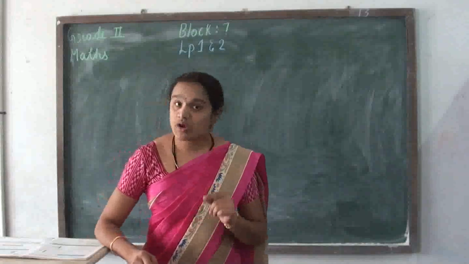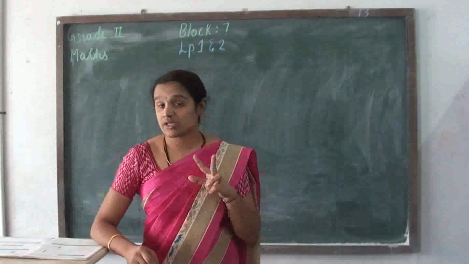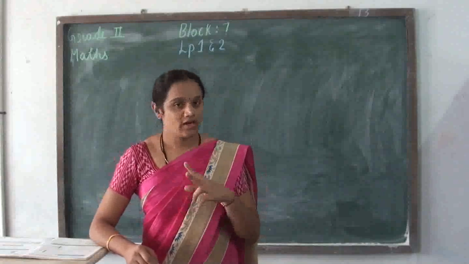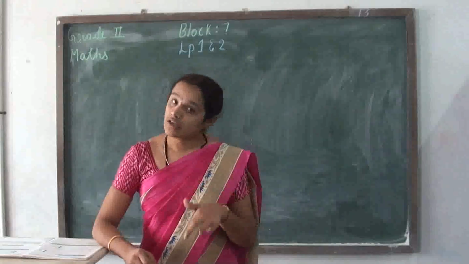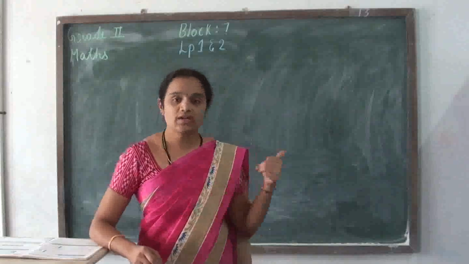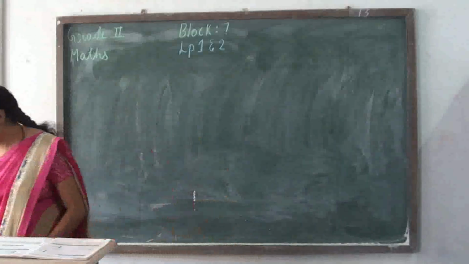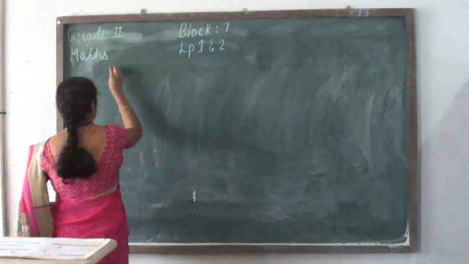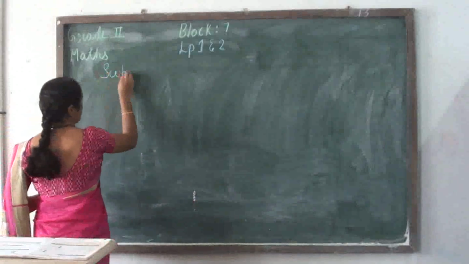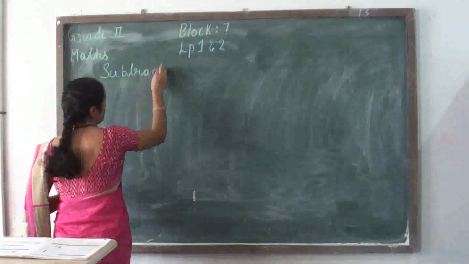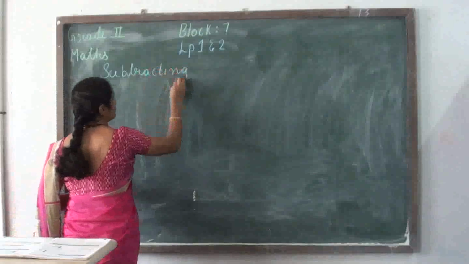Here also I am taking 2-digit subtraction. In addition also I have taken 2-digit. Here also I will take 2-digit subtraction. First is about subtracting. So what is the sign of subtracting first of all?